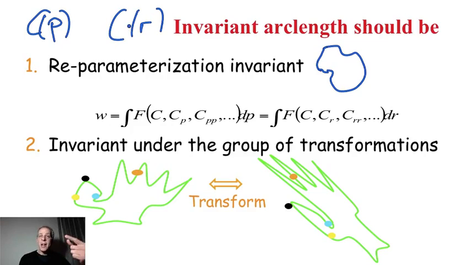Remember, if you take the derivative of the curve according to P, you get a tangent vector with a certain magnitude. If you take the derivative according to R, you get the same tangent vector, same direction with a different magnitude. If you remember from basic physics, derivatives are velocity.